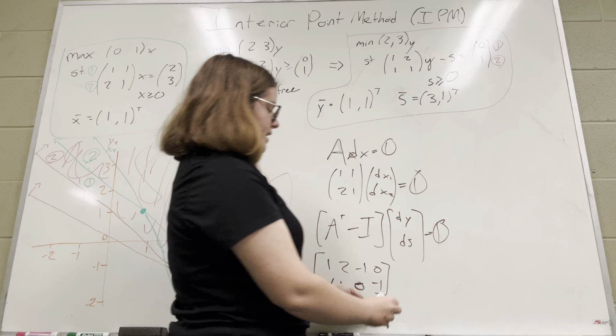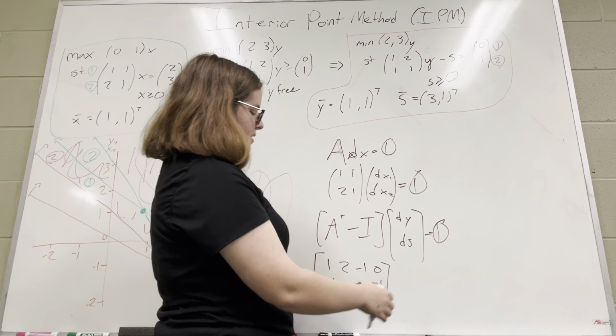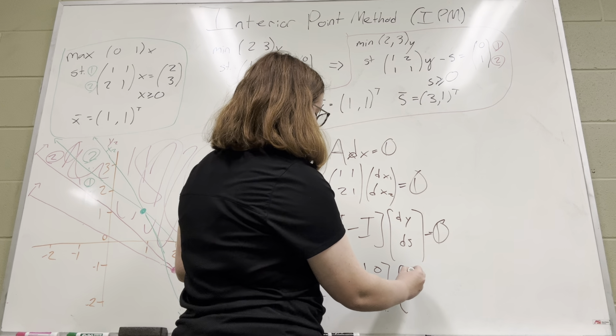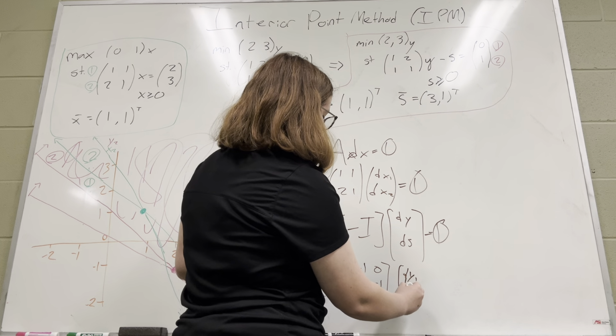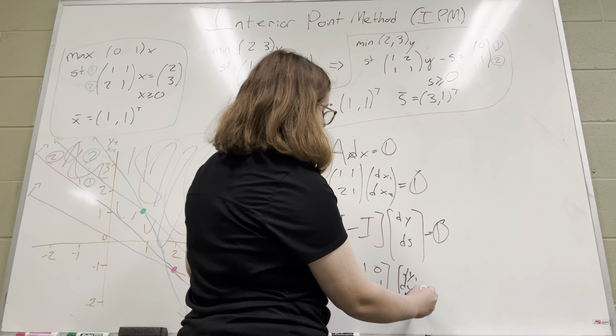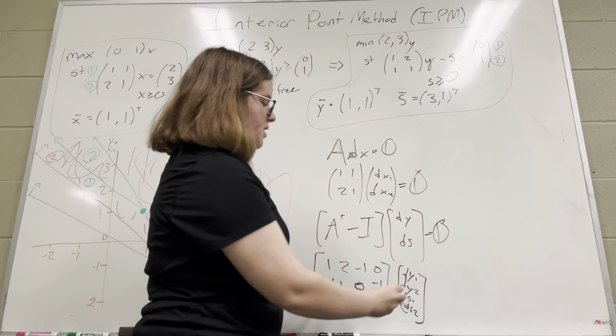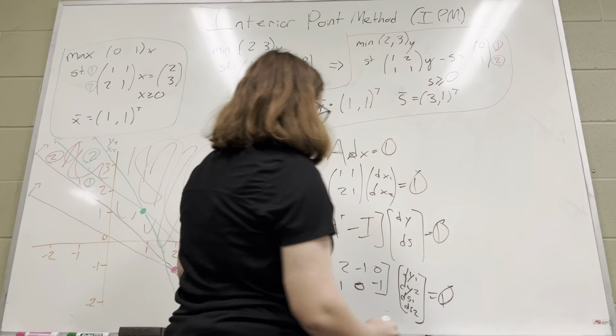I don't know if this is actually called the negative identity matrix, but that's just what it looks like there. And then we have two of these guys, dy1, dy2, and two of the ds's for each row, ds1, ds2, like that. And we want this entire thing to be equal to the 0 vector.